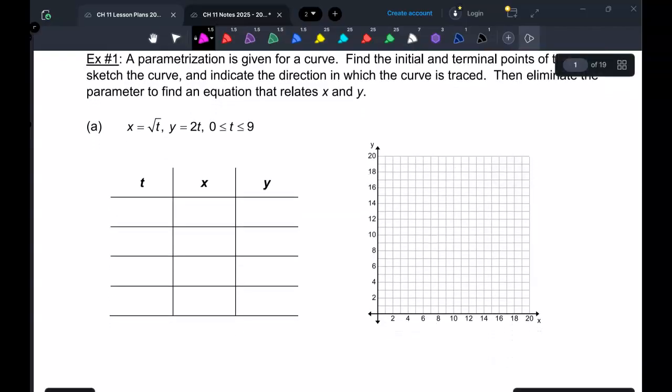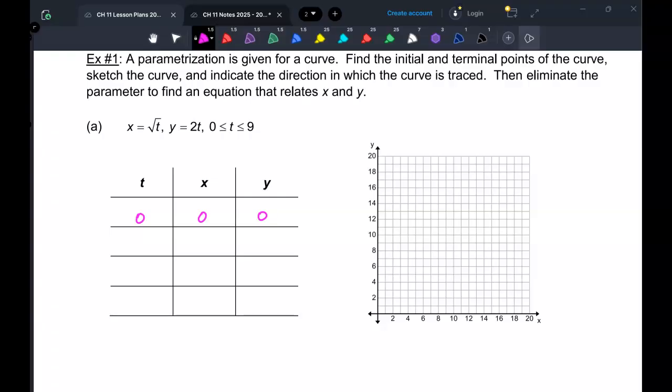So we'll start off with a little table, with values of t, x, and y. So x is defined as root t, y is defined as 2t, and we want to go from 0 to 9. So I'll start with 0. Square root of 0, we get 0. Plug in 0 for y, we get 0. Now, I want to pick numbers that are easy to plug in.